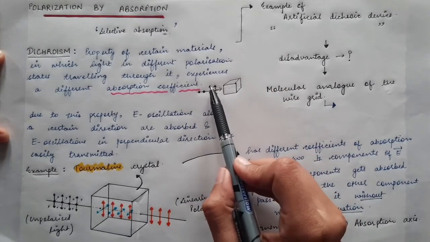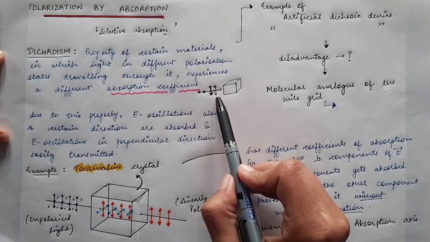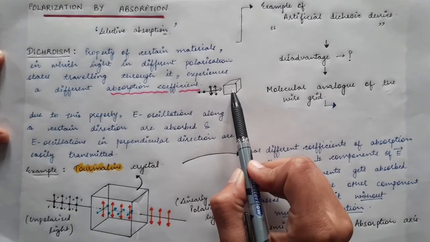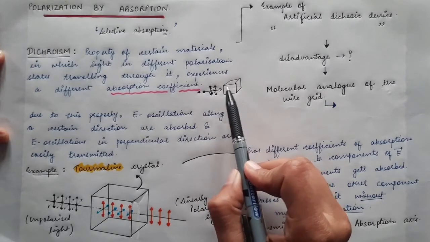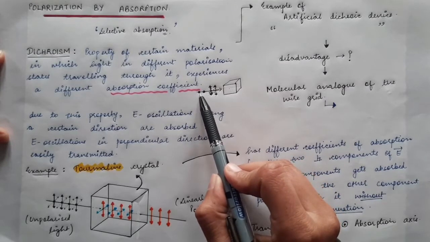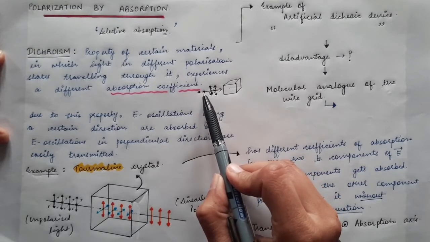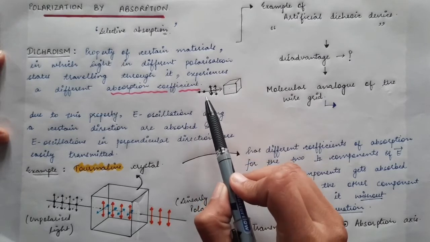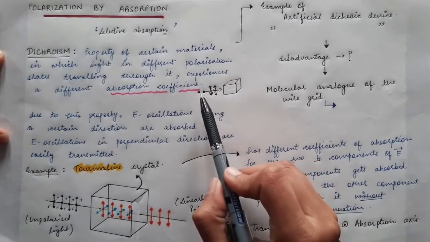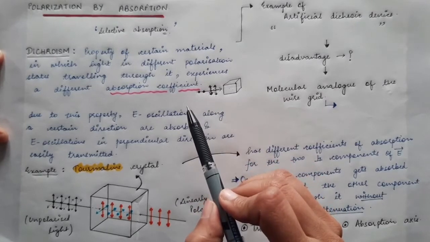The first EM wave had vibrations parallel to the plane of the paper, and the material showed one absorption coefficient. Now if we change the polarization state, so the vibrations are perpendicular to the plane of the paper, the material will show a different absorption coefficient.